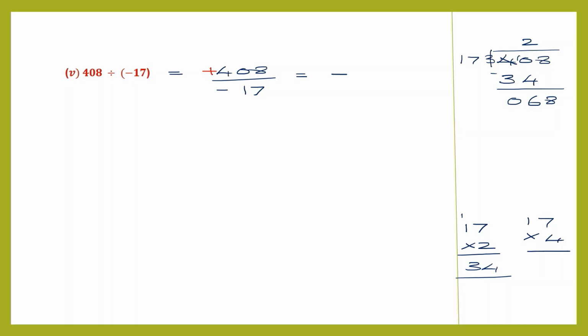Let's try 17 into 4 to get 68. 7 fours are 28, carry 2. 4 ones are 4, plus 2 is 6, 68. So 17 into 4 is 68, minus, 0. So this is 24. So that's minus 24. So our final answer for question 5 is minus 24.